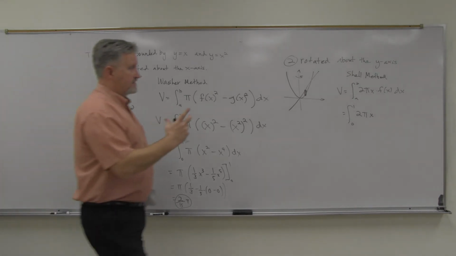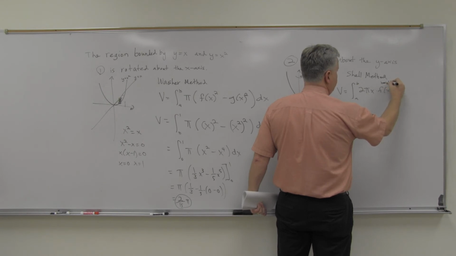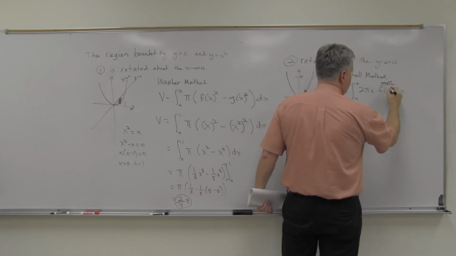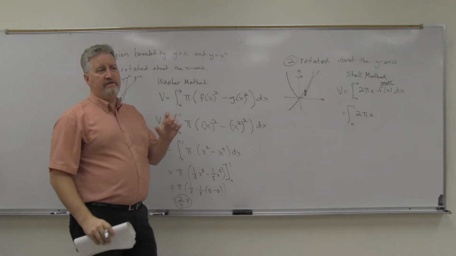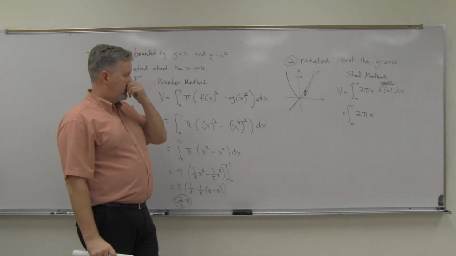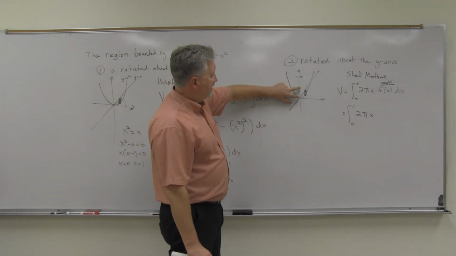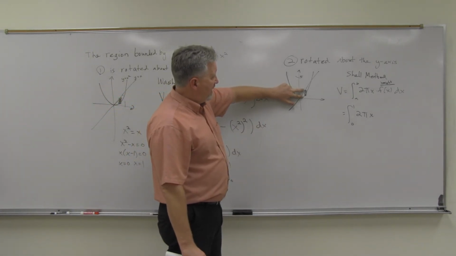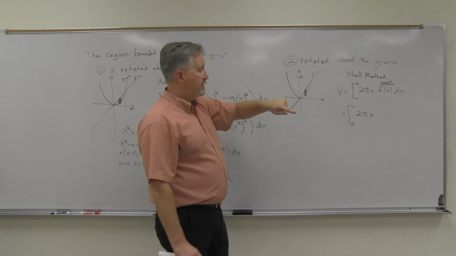What the f of x in the shell method means is, if you go back to how we developed it, the f of x is actually kind of a height function. So we're talking about the height of the rectangles, or the height that we're covering here. And again, if you've got the height of the rectangle between two curves, you just subtract, the upper one minus the lower one.